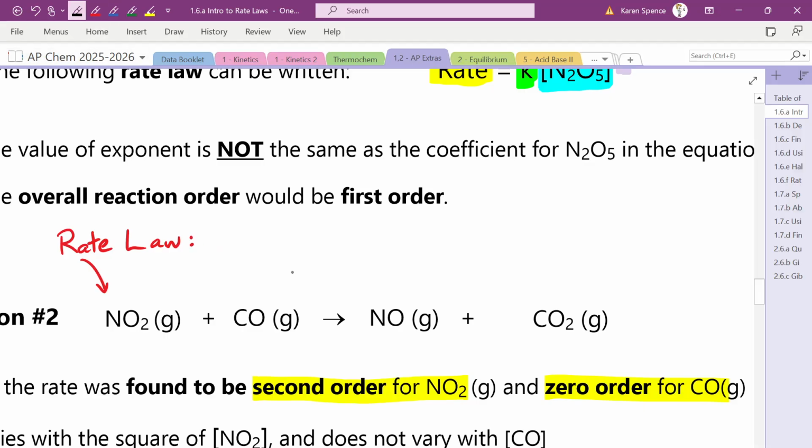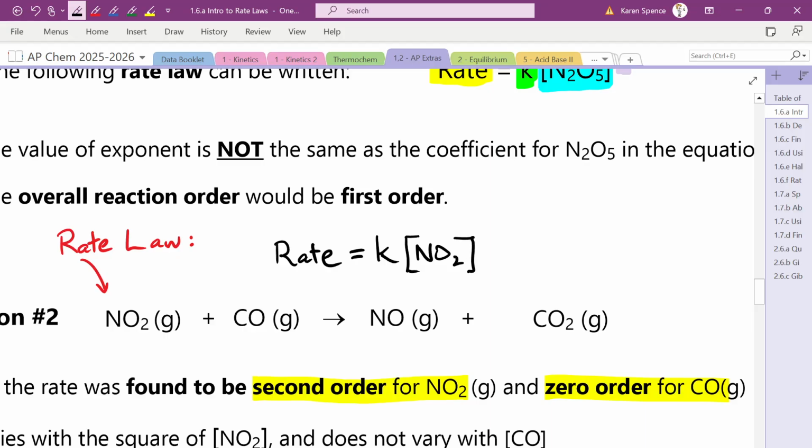What's the first thing you write in rate law? Rate. Rate equals, what's the next thing you write? Constant. And then, what else do we write? Concentration. So we got NO2.